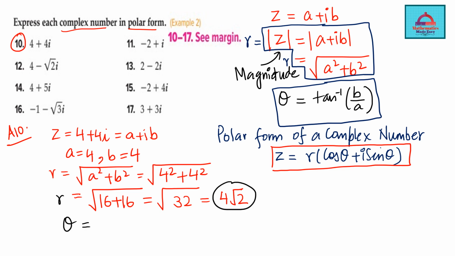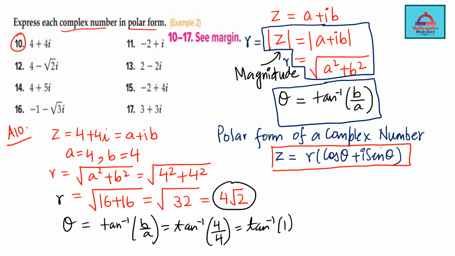Now I need the angle theta. So theta is tan inverse b by a, which is equal to tan inverse 4 over 4. Both are equal. So what is tan inverse 1? It is, in radians, pi by 4. So we have to take the angle in radians.